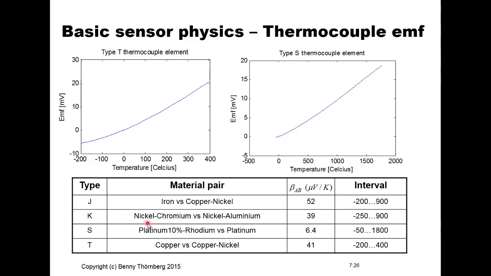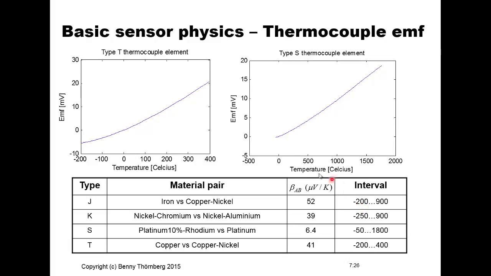We have the alloy nickel chromium in combination with nickel aluminum, platinum and 10% platinum, and then rhodium, which is also an alloy in combination with platinum. And they are made for different temperature sensing intervals. So within this kind of interval, the sensor is reasonably linear.